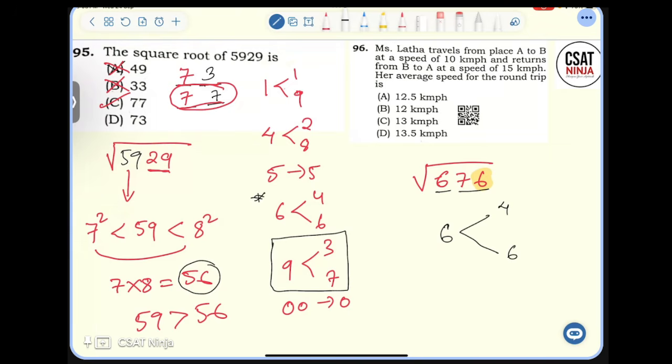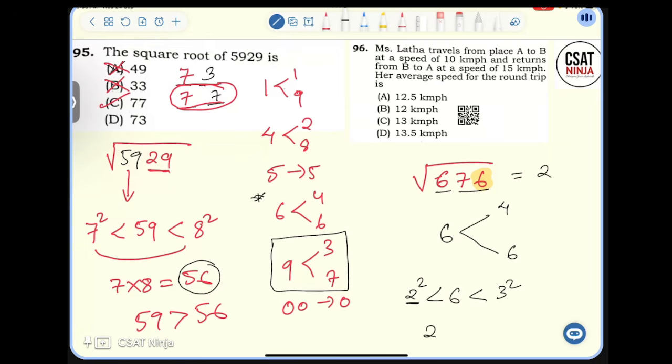Next, 6 lies between which square and which square? 2 square and 3 square. So the smaller number, which is 2 here, will be your first digit. The square root of this number will start with 2.